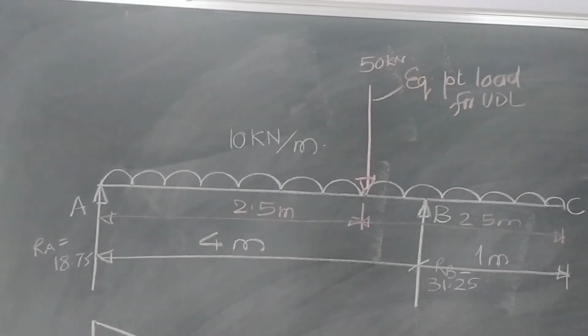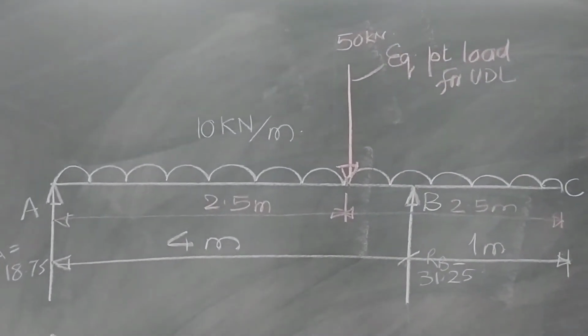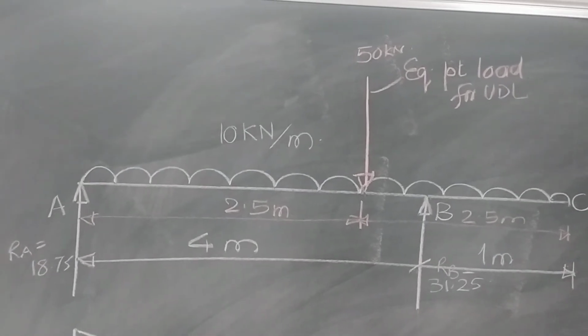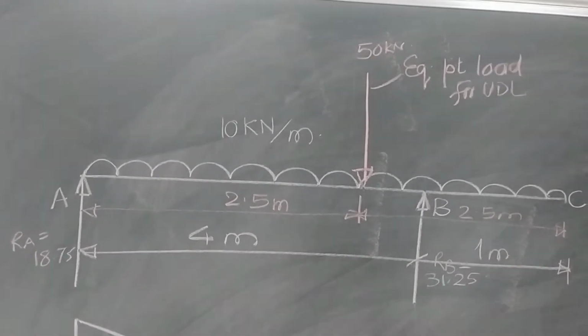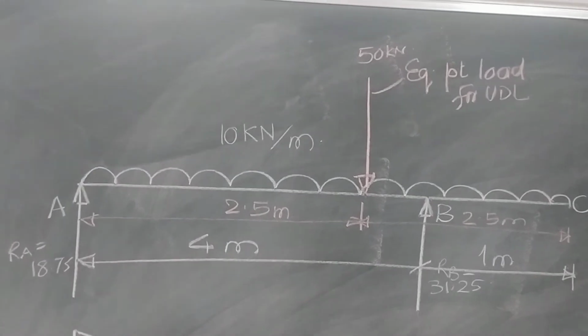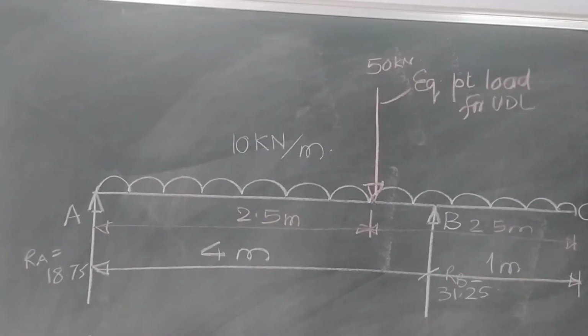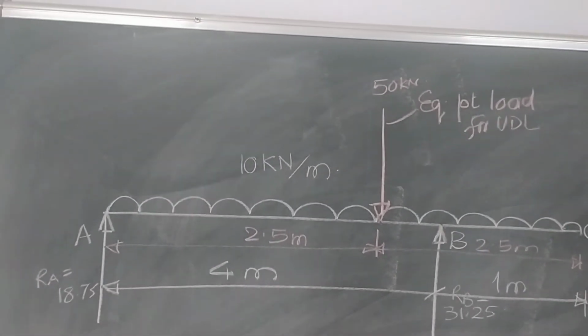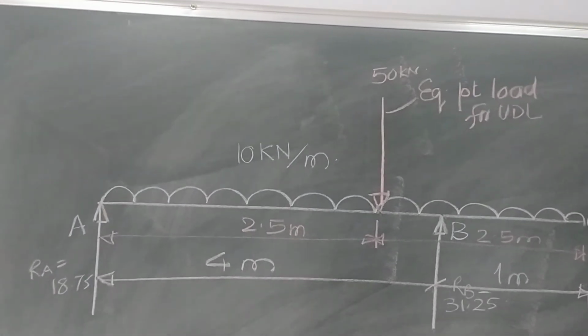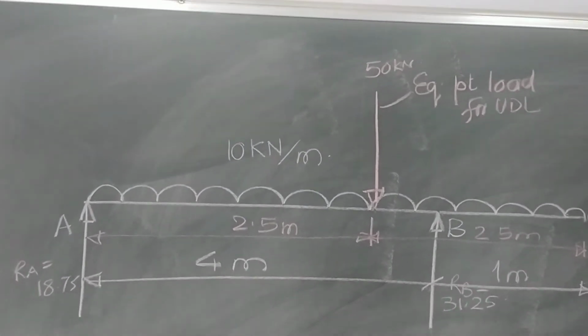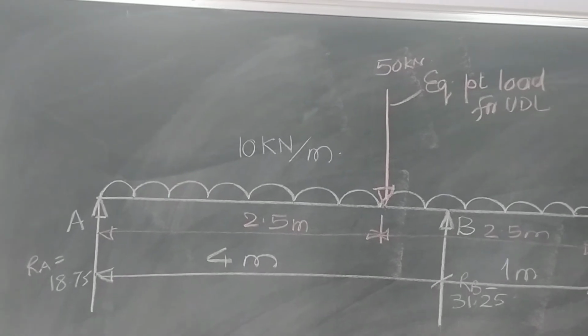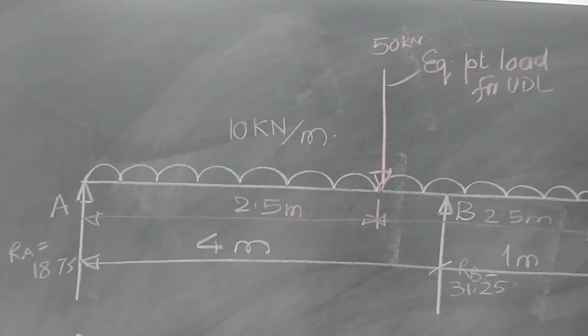Now the algorithm to solve this problem: find out first the reactions at supports RA and RB, then find out the shear force at points A, B, C, find out the point of contraflexure X, and calculate the bending moment.